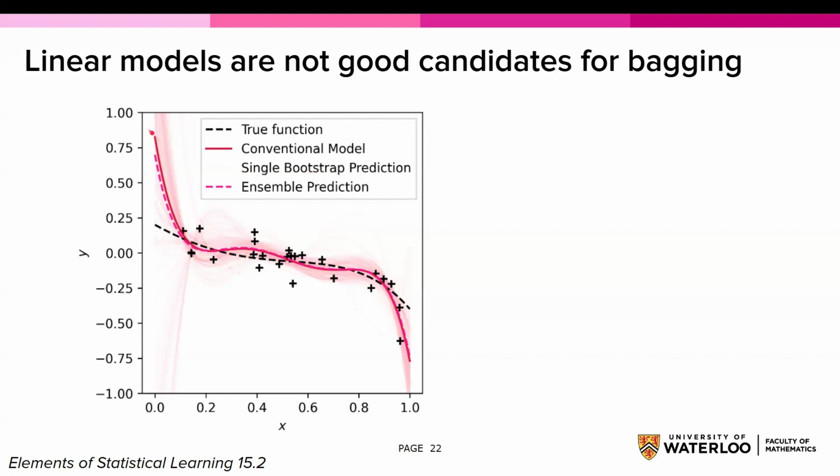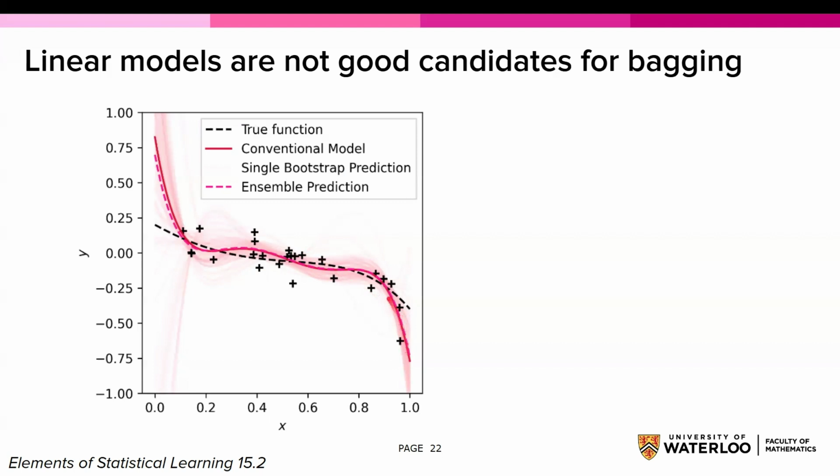The solid pink line is the maximum likelihood estimate fit on the whole training data set. And each of these faint pink lines is the prediction of a bootstrap model fit to different bootstrap realizations of that data set. And then the dashed pink line is the aggregated behavior of the ensemble over 100 such base models.